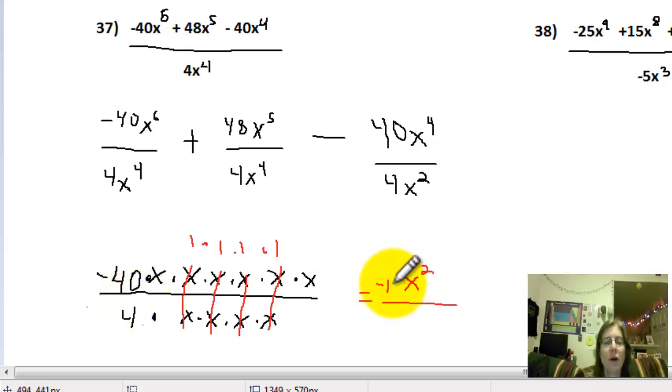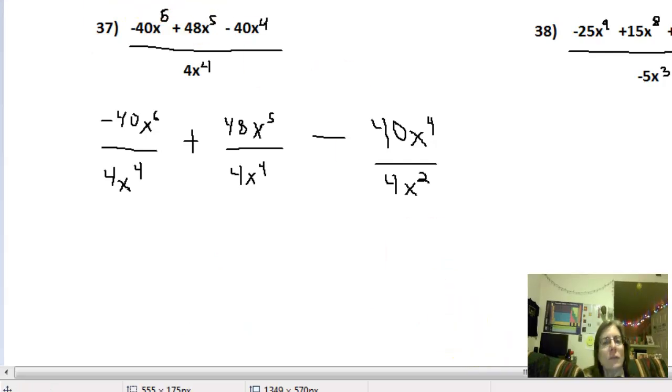So this goes away because we divided it out. That whole clunky term is now just negative 10x squared. So I'm going to rewrite it as negative 10x squared.